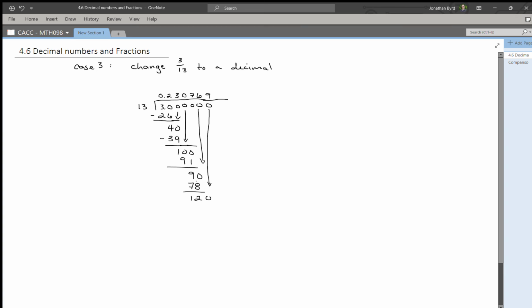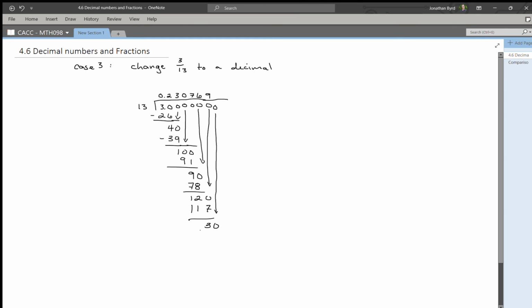That gives me a 9. 13 times 9 is 117, and that gets me a 3. And when I bring down this 0, I have 30. It's not very easy to see necessarily, but you can continue this on as far as you'd like, and it does hold true.